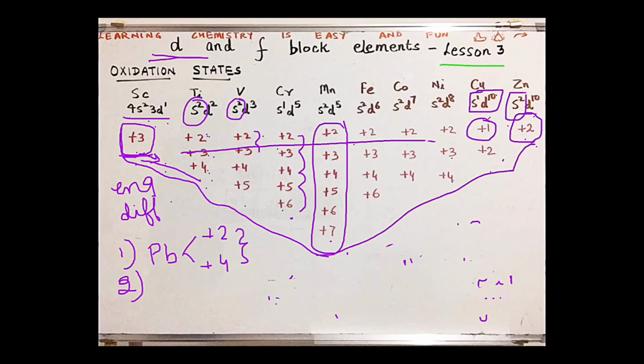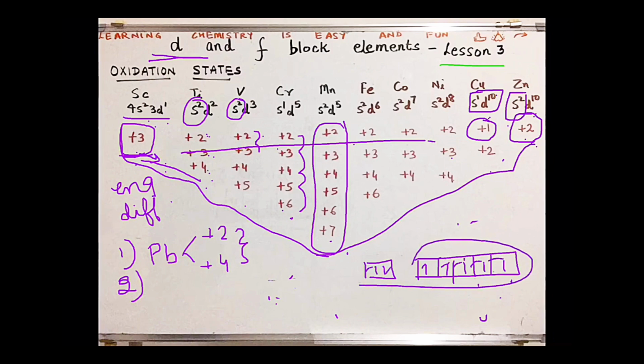So if you write the configuration of manganese, you will notice that it has 1, 2, 3, 4, 5 in 3d, and 2 in 4s, right? Because it has 5 unpaired electrons in the 3d orbital and it has a pair of electrons in 4s, which it is happy to give away, it has the maximum oxidation state of +7.